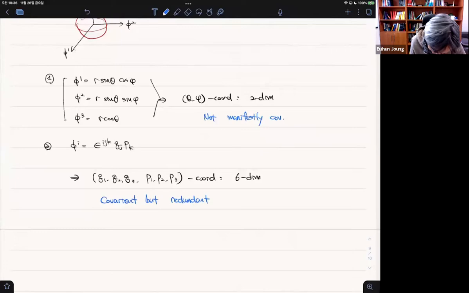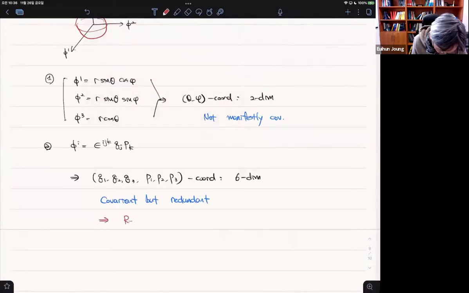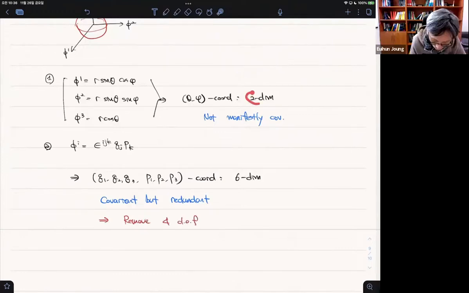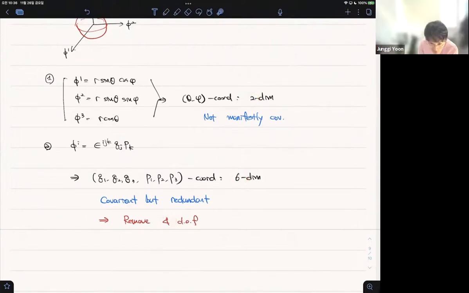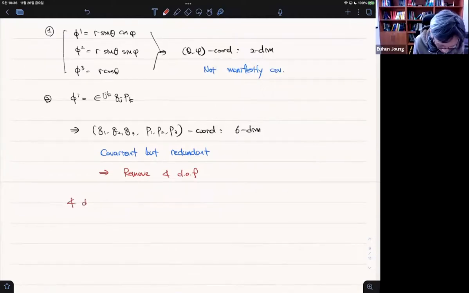So we need to remove 4 degrees of freedom, because to get 2, you need to remove 4 out of 6. In the end, we see that the 4 degrees of freedom to remove is actually 2 times 1 plus 1 times 2, in the sense of the constraint analysis.